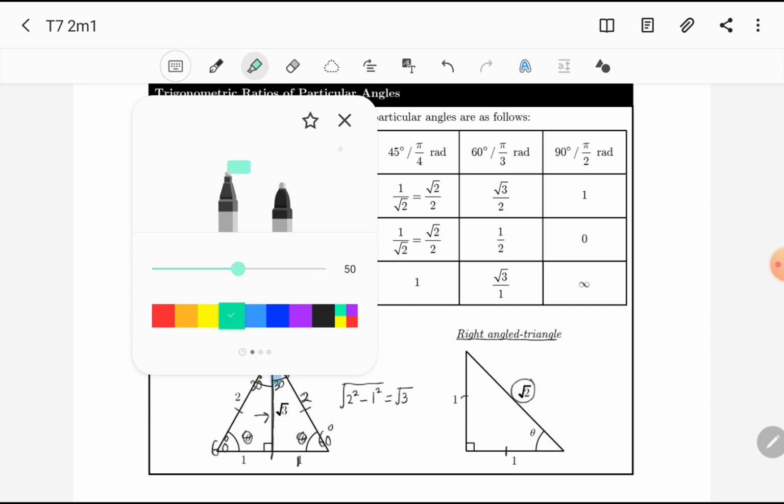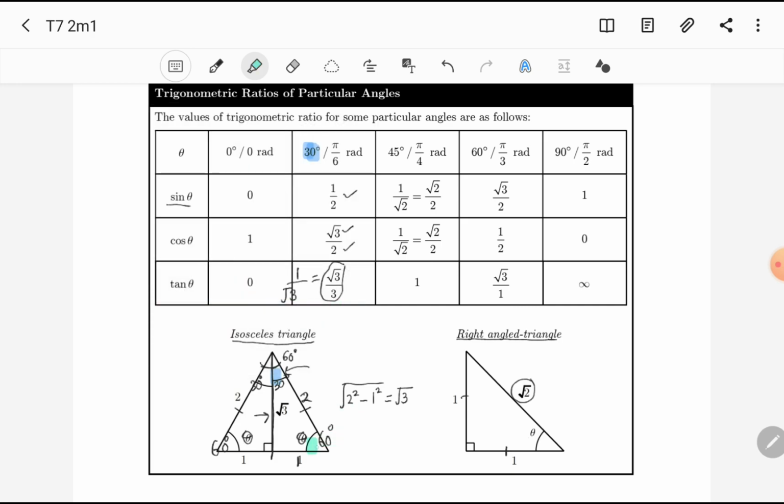Kalau awak tengok 60 degrees. Here. The angle is here. For 60 degrees. Okay. So what is sin 60? Okay. Sin 60. Kat sini awak kat sini. Sin 60. We know that sin is opposite divide by hypotenuse. So akan dapat root 3 divide by 2. Okay.